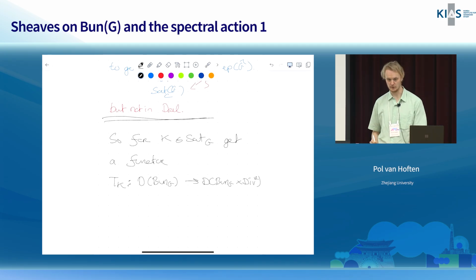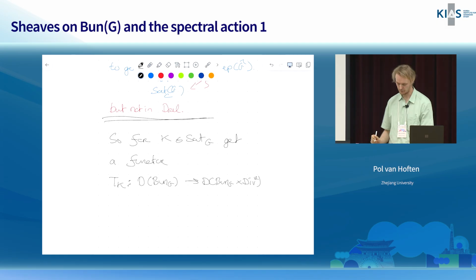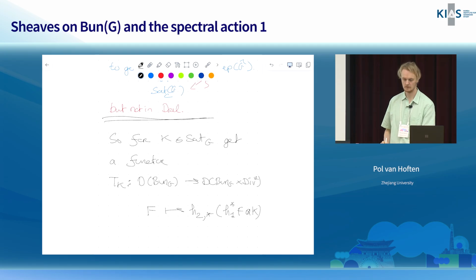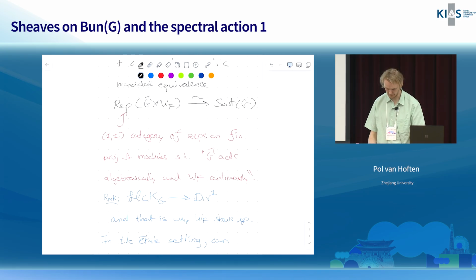Okay, so what am I going to do? Like I said, K is going to be the kernel, so I take F and I send it to h2 lower star of h1 upper star of F tensor with K. Okay, so maybe I'll scroll back up to my diagram.